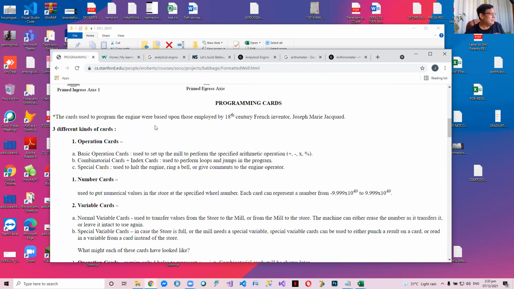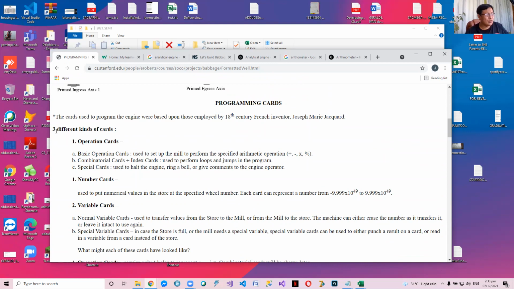Do you follow? So, there are three types of cards. The operation cards, which are transferred to the mill, store operations. These cards are the input devices. They are like the keyboards of the modern computer. Wala kasing keyboard. Do you follow?